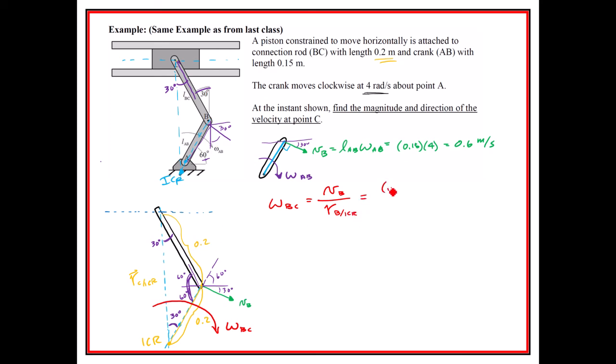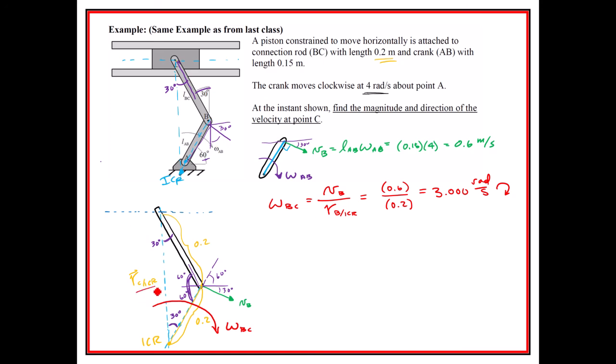So that's going to be 0.6 divided by 0.2, and we end up finding that we get 3 radians per second, and it is going to be clockwise, interestingly enough. And this agrees with our previous problem.